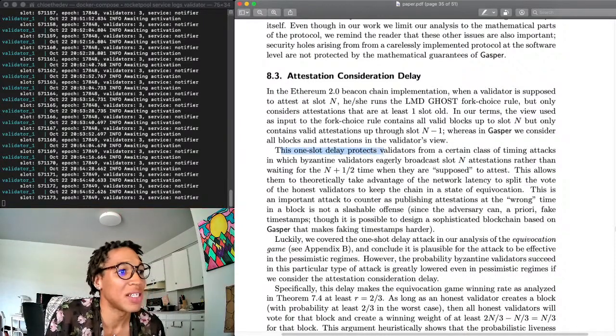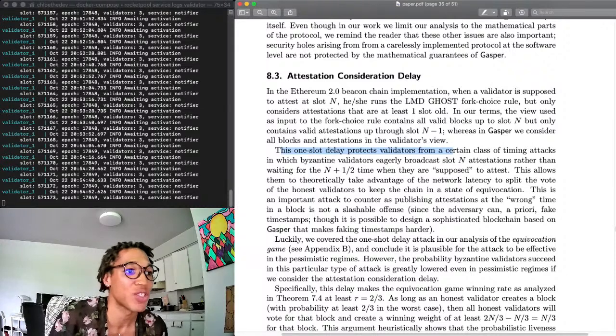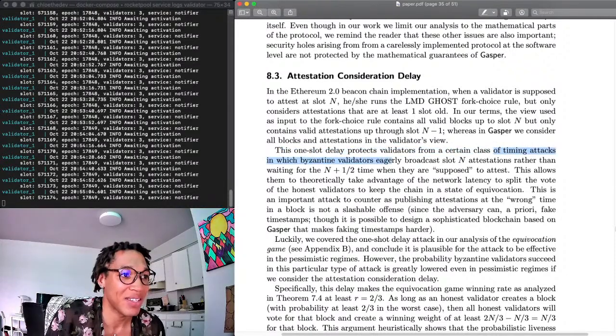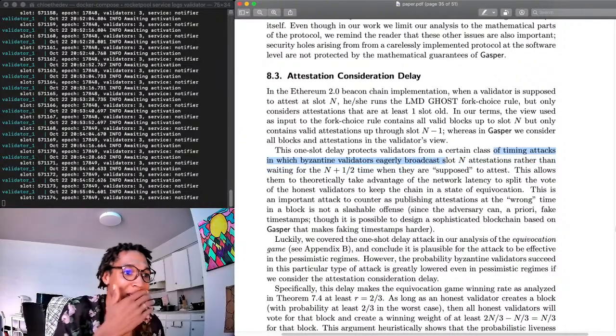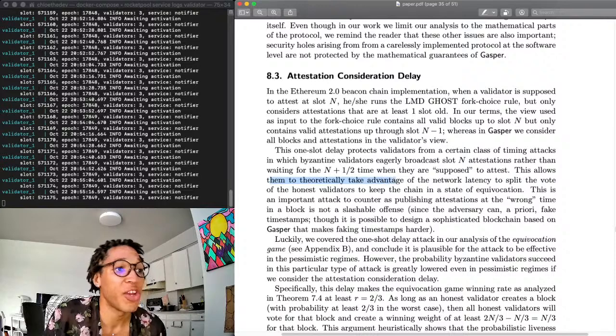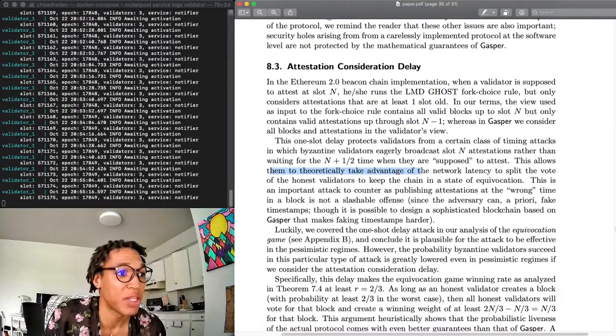This one slot delay protects validators from a certain class of timing attacks, in which Byzantine validators eagerly broadcast slot N attestations rather than waiting for the N+1/2 when they are supposed to attest. This allows them to theoretically take advantage of network latency to split the vote from honest validators to keep the chain in a state of equivocation.